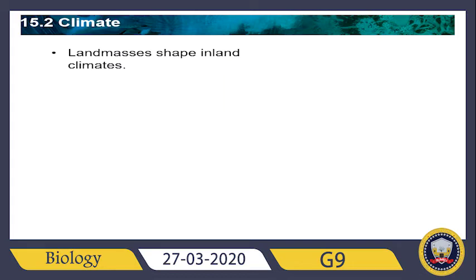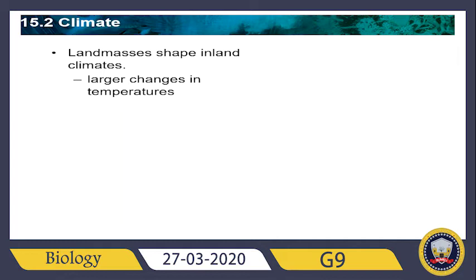Now, other than the sun, other things influence the climate. The land masses also influence the climate. Land masses shape inland climates. How? Larger changes in temperature. For example, the more inward you go, far from the oceans and the seas, you'll find that temperature will rise if it's a desert, but if it's a mountain, the temperature will drop.